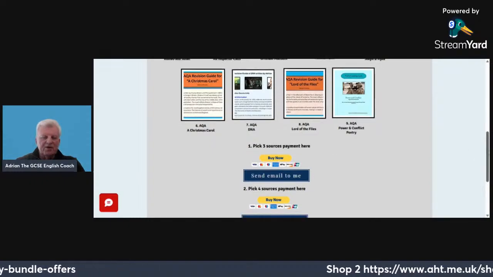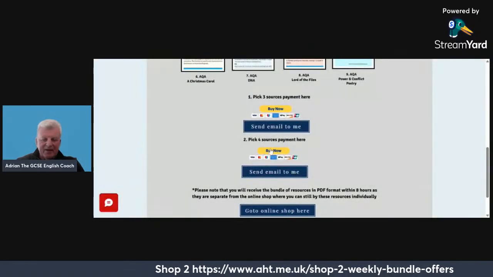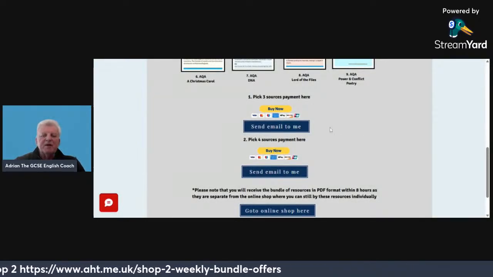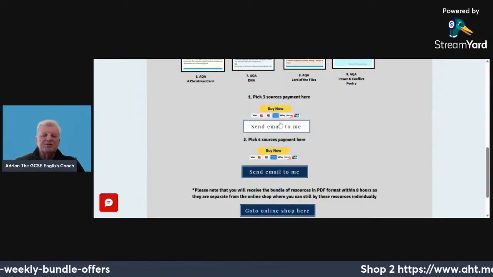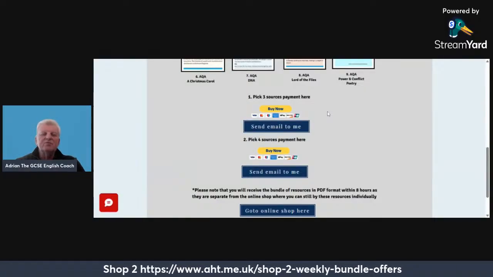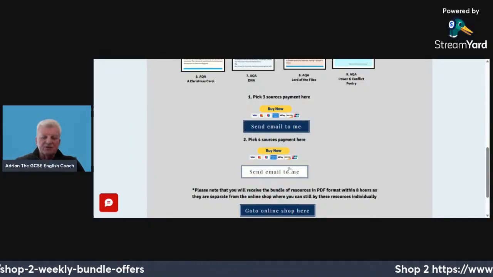If you are going to pick 4 resources, you go to buy here. After each payment that you've made, you need to send the appropriate email. You send an email here if you've bought 3 resources, and the email will take you to my email, and you then name the resources and the number. It's the same here: name the resources and number.